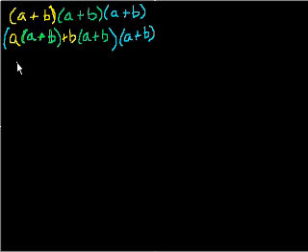So it's going to be a times green a, right? We know they're all the same a. Plus a times b, you might be finding this tedious, but it's going to pay off in the end.